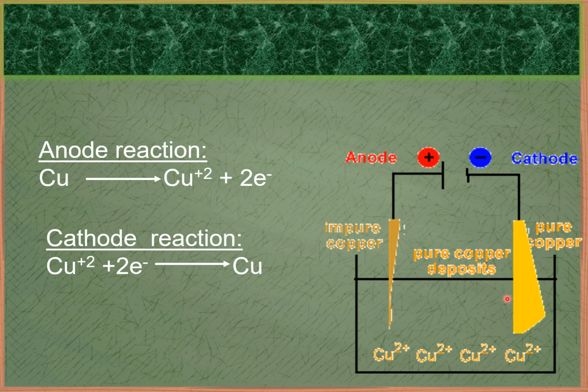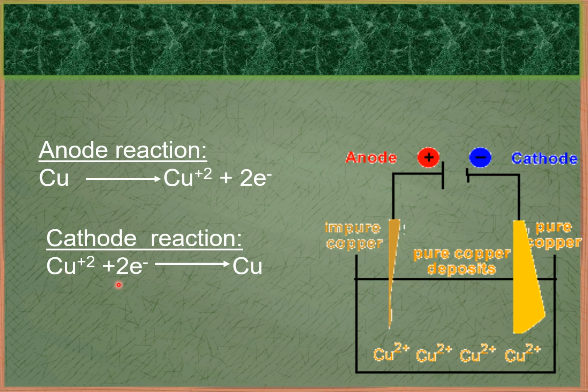Copper oxidizes from the impure copper bar and comes into the solution. This copper is attracted towards the pure copper bar where it reduces, gains 2 electrons and is deposited on the pure copper bar. At the anode, copper oxidizes with the loss of 2 electrons, and at the cathode, copper reduces by gaining 2 electrons.